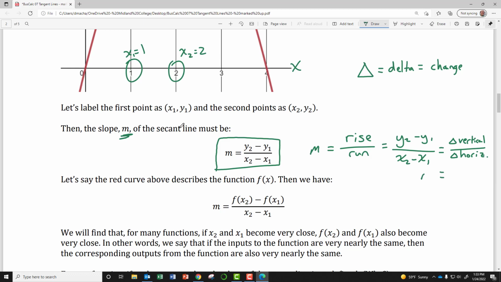And finally, just to give you overkill on the number of different ways you can represent this, sometimes you see the slope written as delta y divided by delta x. But this is just shorthand for the ratio of the change in the vertical direction to the change in the horizontal direction for a given 2 points. And so all of these really just mean the same thing.